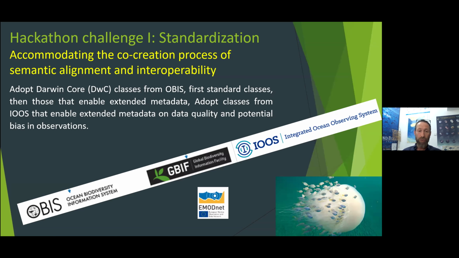But in order to do that, and in order to get the data into EMODnet, as Valeria showed before, we need standards. And so that's our number one challenge here, standardization. We're looking at several different organizations, such as the Ocean Biodiversity Information System and GBIF and Integrated Ocean Observing Systems.